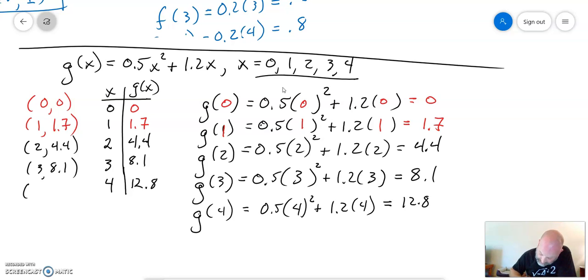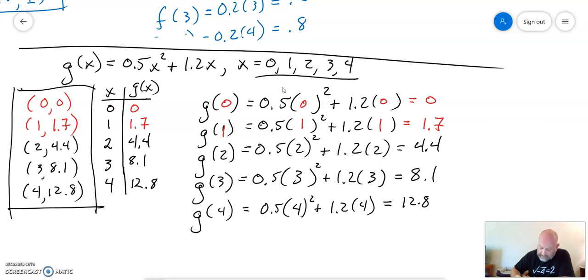So the last point I'm looking for is (4, 12.8). These are the points you're supposed to be finding. If this is your entire domain, then these 5 points are your entire function.